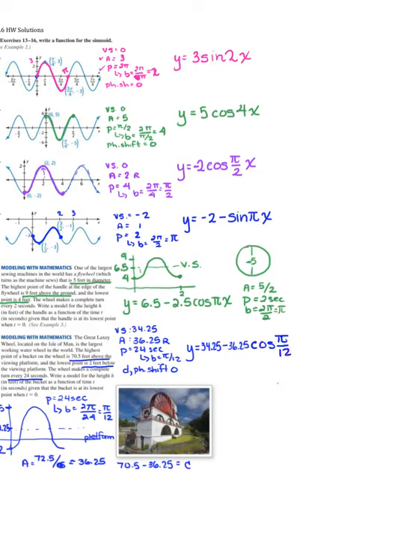And if I'm going to do this correctly, instead of an x, what I should be saying is h of t, because we're talking about the height with respect to time. So h of t equals 34.25 minus 36.25 cosine pi over 12 t. That would be your equation. All right, well, I hope that helped.